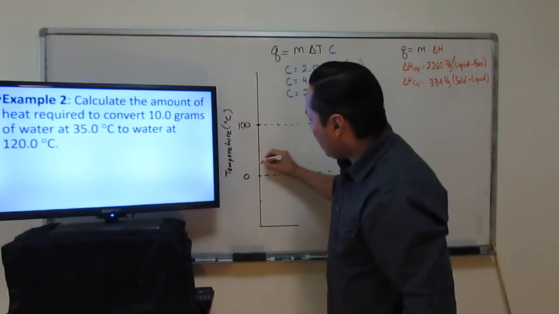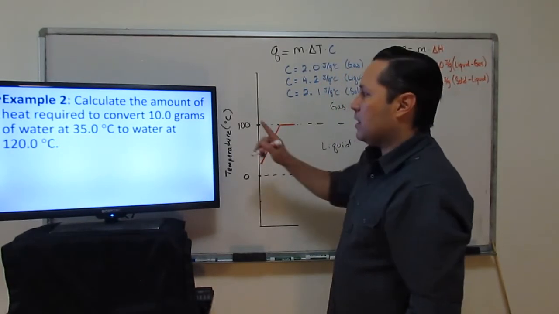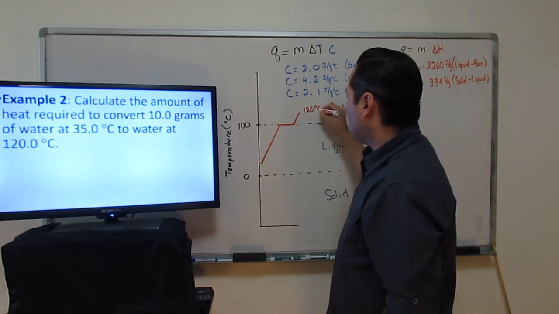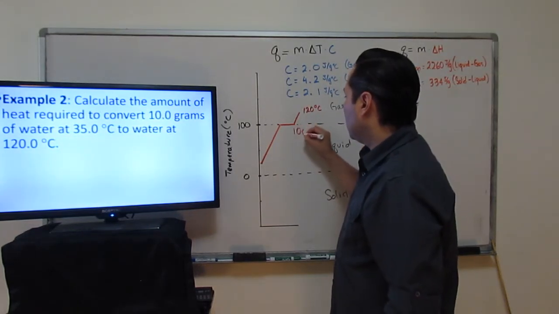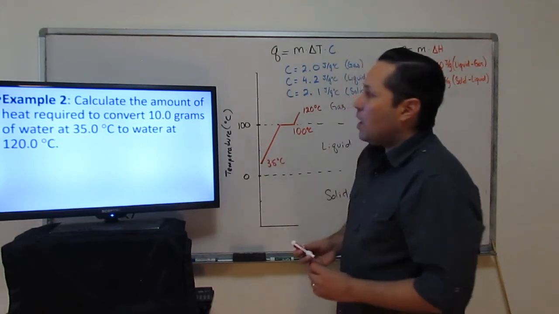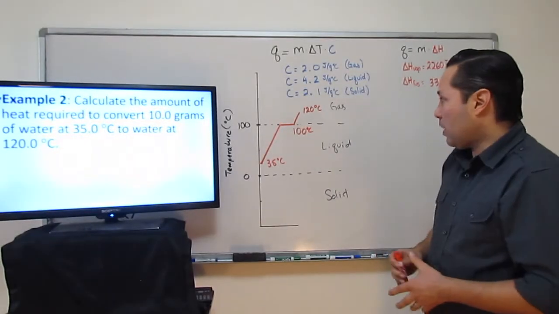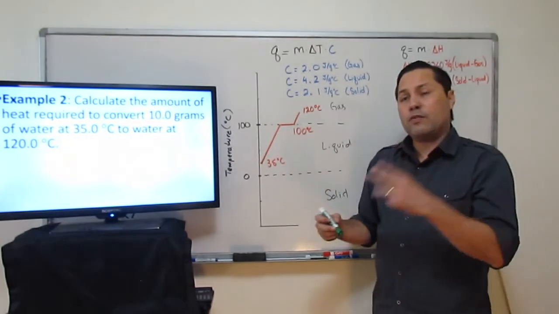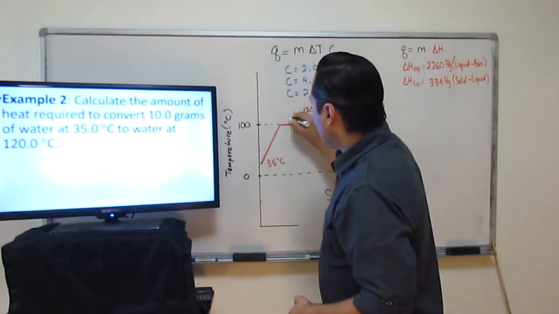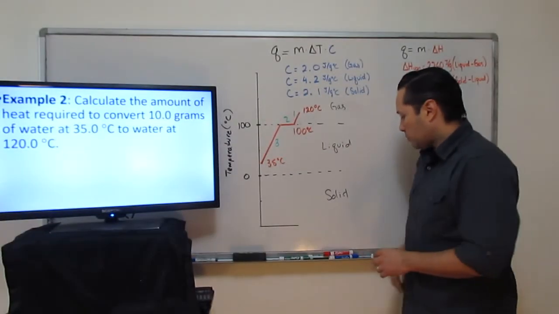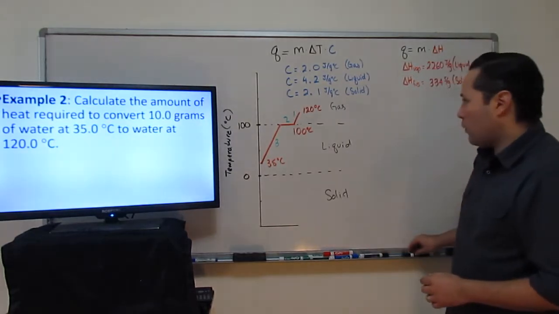I'm going to go up and up till it reaches 100, and in this case I want us to go to 120, so somewhere around here approximately. And this is 35. How many formulas are we going to need for this problem? There are only 3 pieces as far as the lines go, so we only need 3 formulas. I'm going to label them number 1, number 2, and number 3. Those are it. Let's start solving.